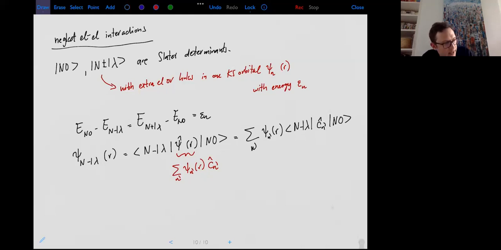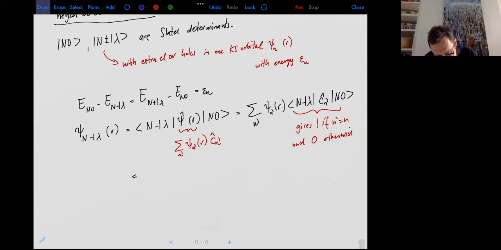So in other words, this gives 1 if n prime equals n and 0 otherwise. So in other words, what we get is that these complicated many-body wave functions just become the Kohn-Sham orbitals when there are no electron-electron interactions.